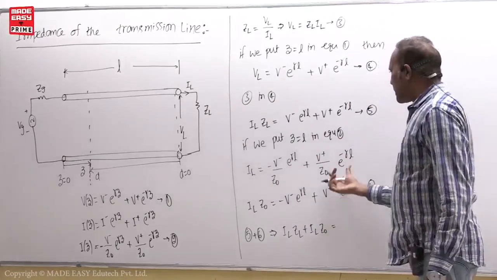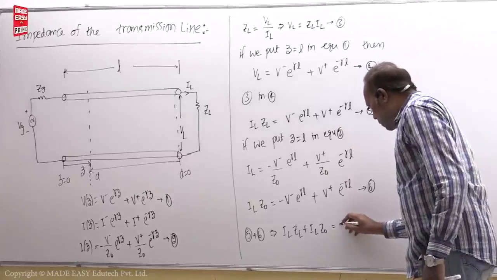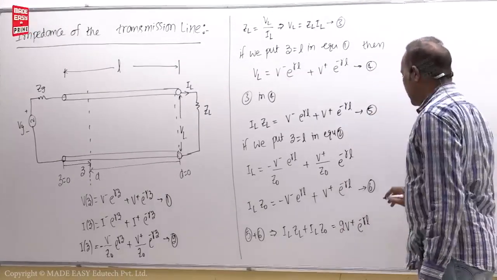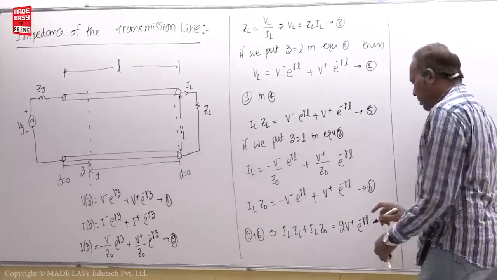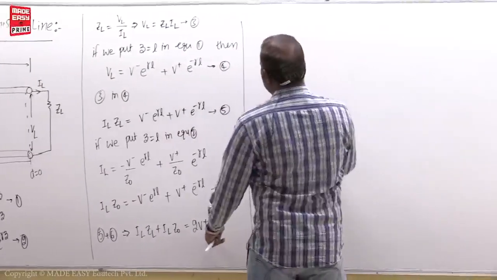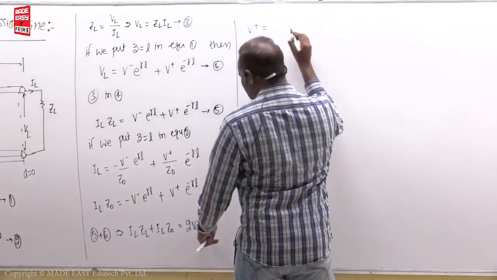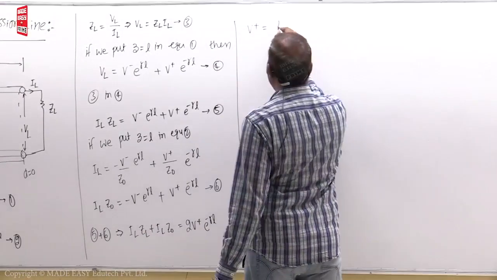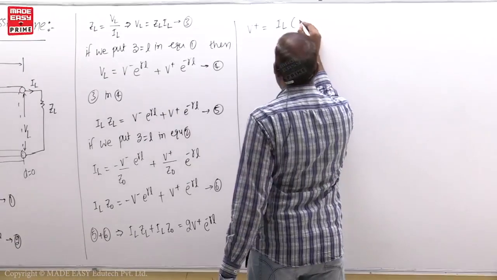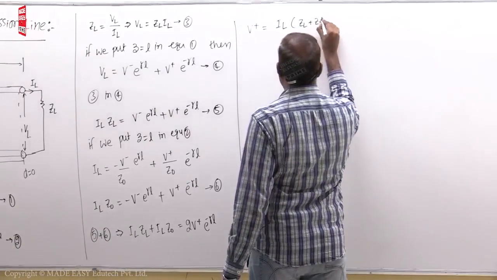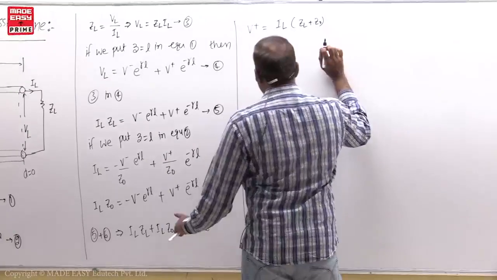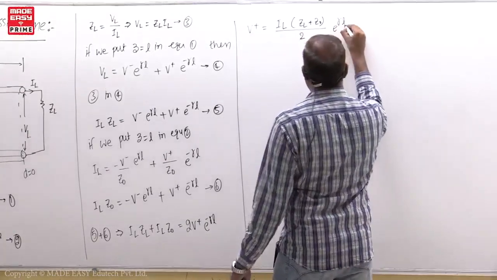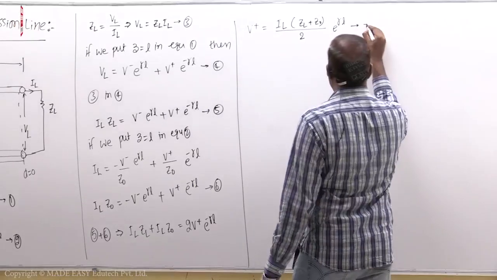And V plus e^(minus gamma L) twice, 2 V plus e^(minus gamma L). From this you can find V plus. So V plus is equal to I_L common, Z_L plus Z0, divided by 2, and e^(gamma L). Let us say this is equation number 7.